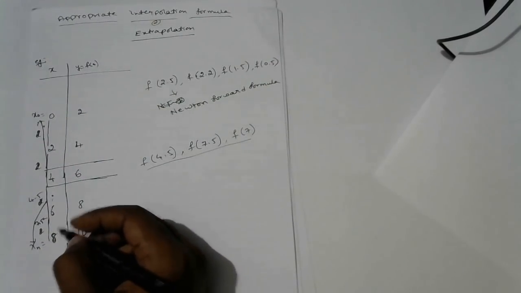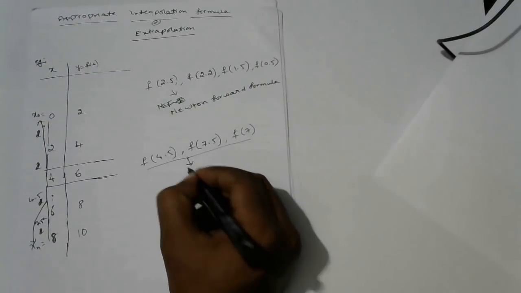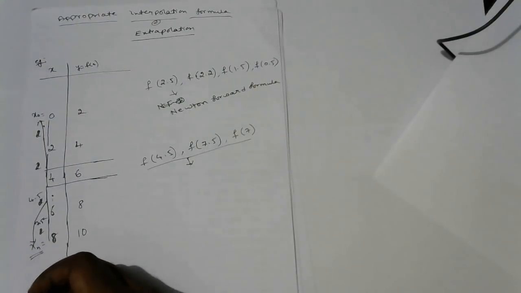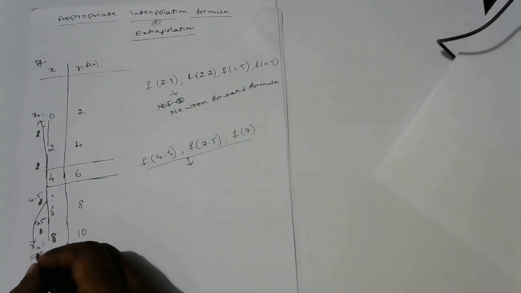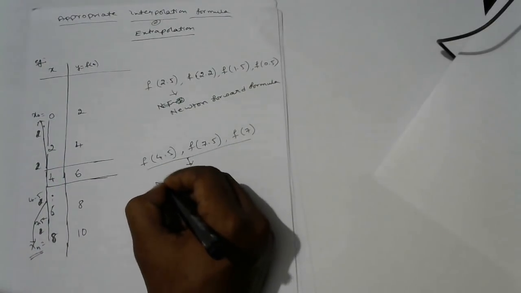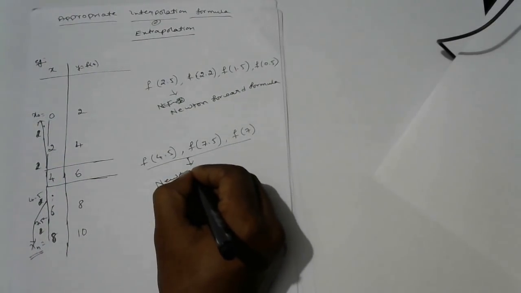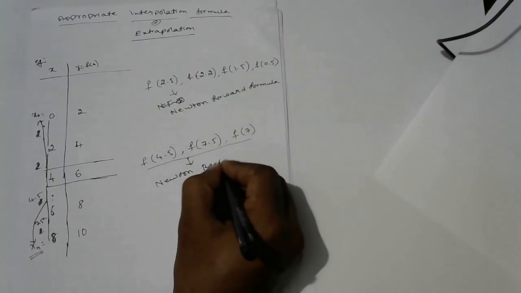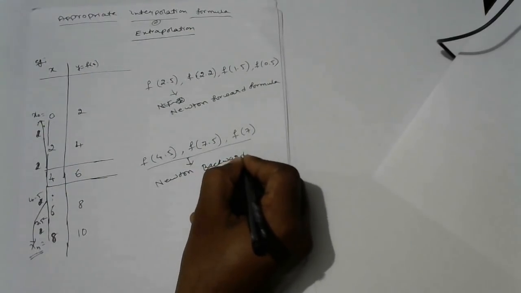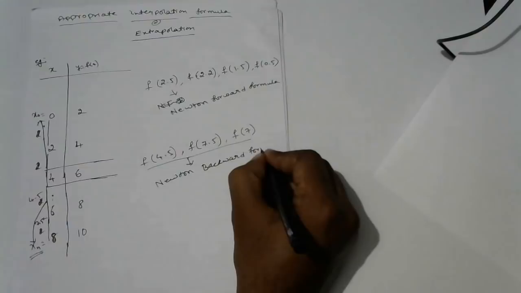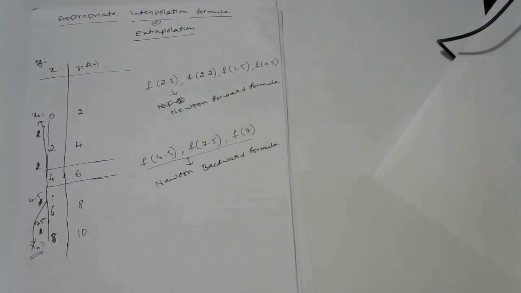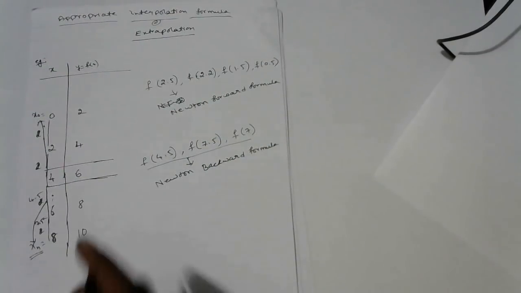So if the values are nearer to xn, then you have to apply the Newton backward formula.